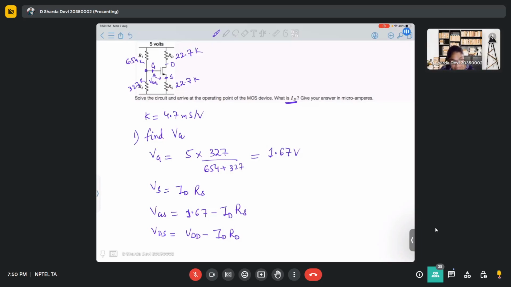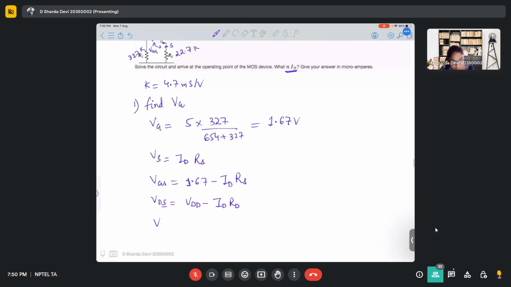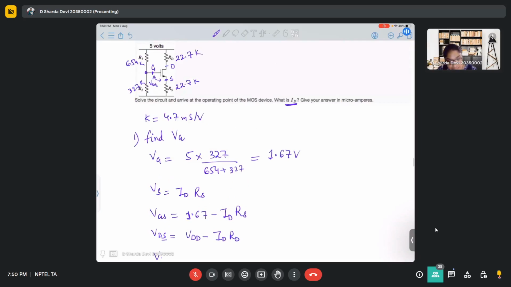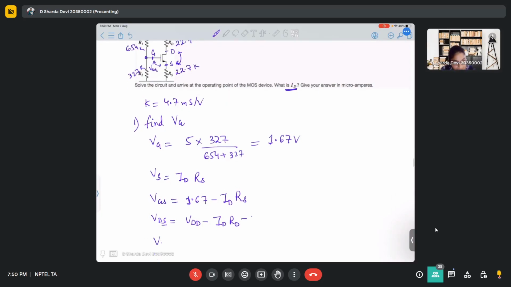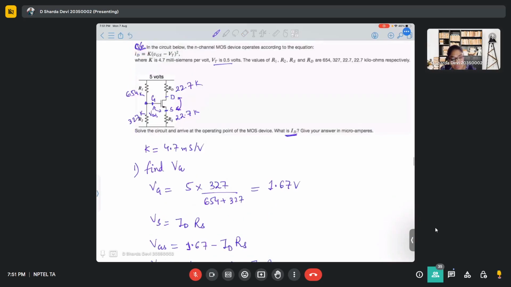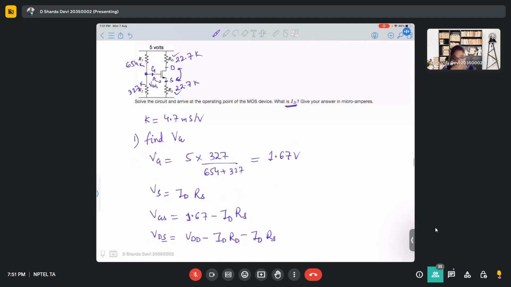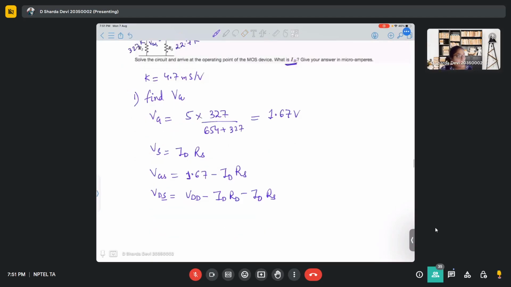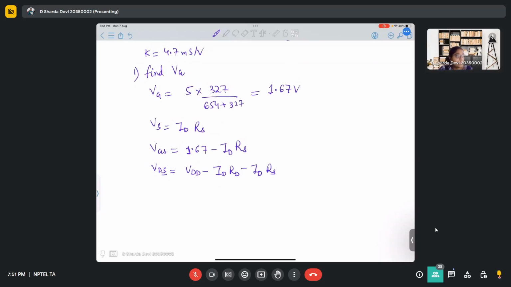Yes, this is VD. When I say VDS, it needs to be the voltage drop across the transistor only. So for VDS, I need to have the extra ID into RS, so that everything beyond the drop across RD and RS will give us VDS.